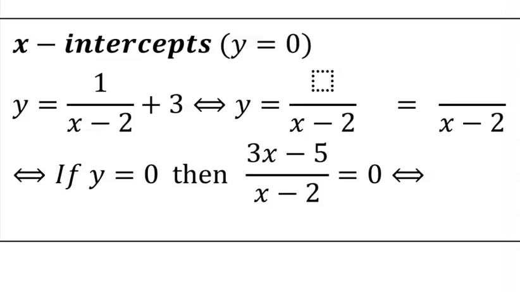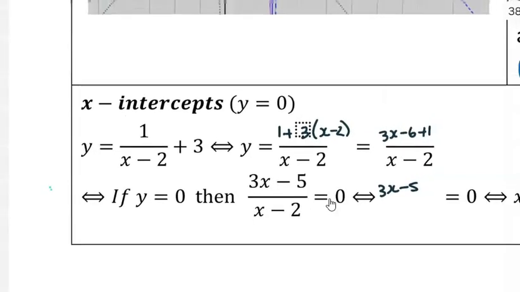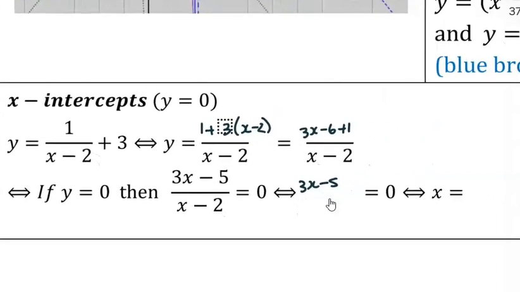To get the numerator here, I must do 1 from there, plus 3 times the denominator, which is that. If I simplify that, I get 3x minus 6 plus 1, which gives us 3x minus 5. So y will only be 0 when 3x minus 5, the numerator, becomes 0, and that will happen when x is equal to 5 over 3.